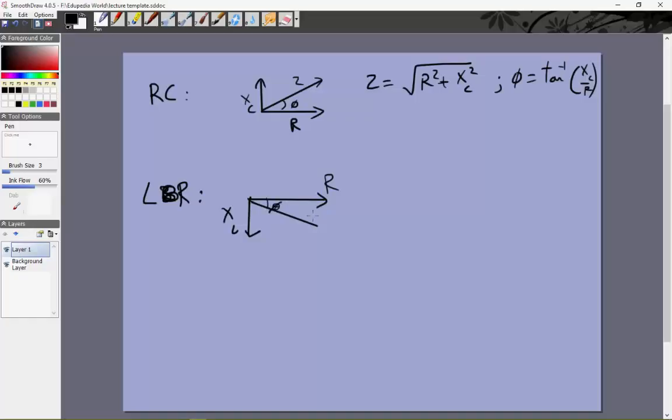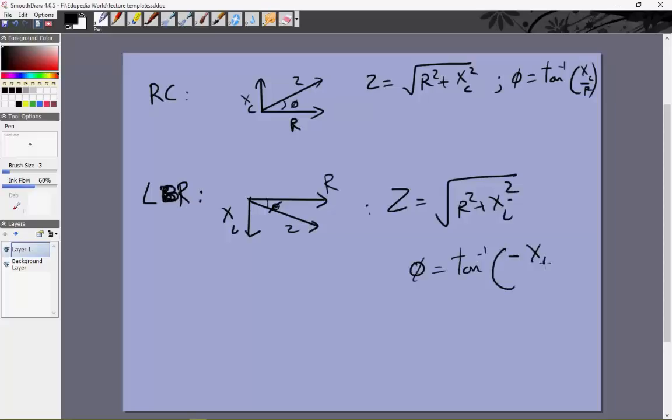Phi will be the negative of this, and this will give me Z. So for LR circuits, Z is equal to root of R squared plus XL squared, and phi is equal to tan inverse of minus XL by R, or you can say it is negative of tan inverse XL by R because it's in the opposite direction.